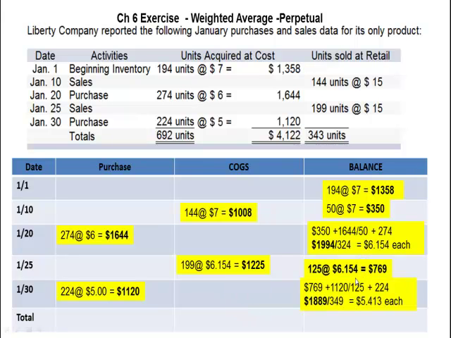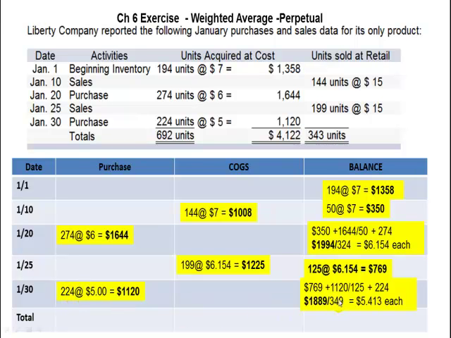We have this bunch of inventory that was $769, and that was 125 units. We purchased another 224 units at $5 a piece, or $1,120. So we can say the $769 plus the $1,120, add those two together to get $1,889. Add our units together, we have 125 units right here, and we have 224 units there, so that's going to be a total of 349 units.